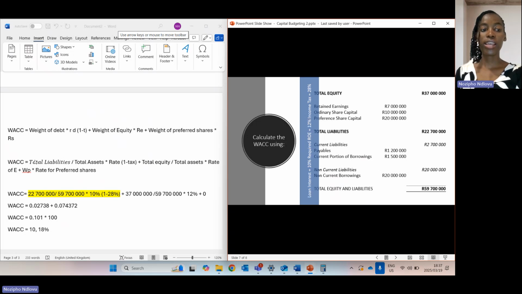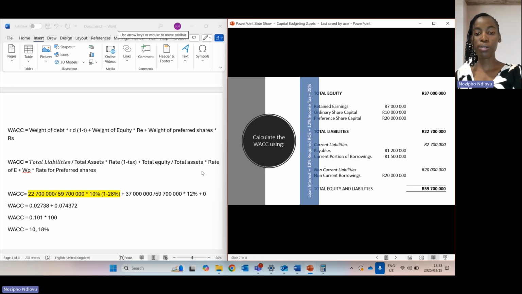So we had the weight of the debt, which was the total liability divided by the total assets, multiplied by the rate, which is the RD that we had here. Then we still had the 1 minus tax plus the total equity, which you will be given here.